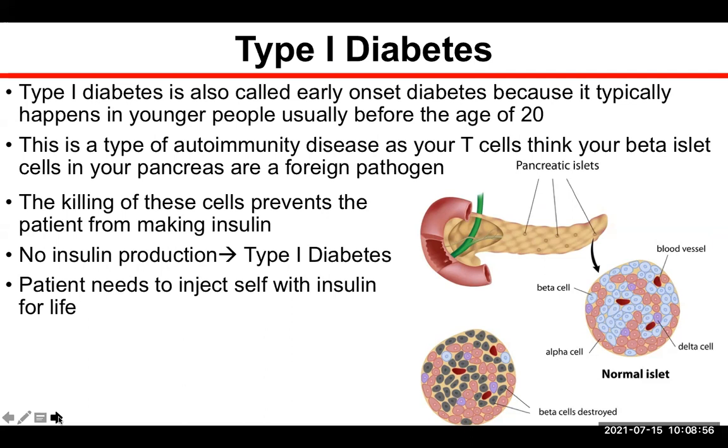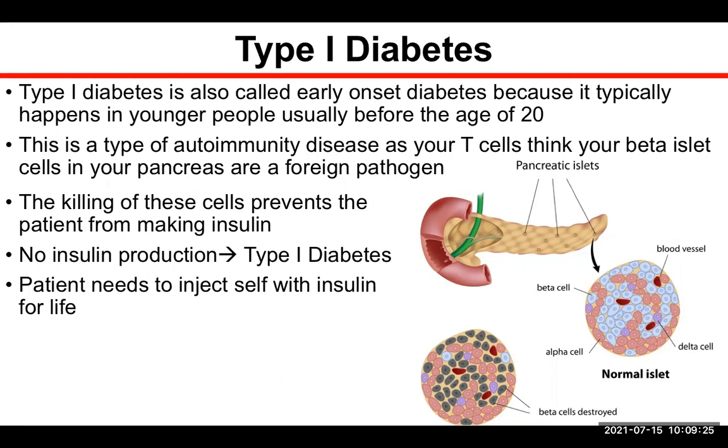When it comes to type 1 diabetes, typically this is going to happen in younger people, and so the other name for type 1 diabetes is early onset diabetes. The reason this happens is because type 1 diabetes is an autoimmune disease. You all have a preface to immunology now. Typically, there's that whole process of the innate immune system recognizing or educating the adaptive.